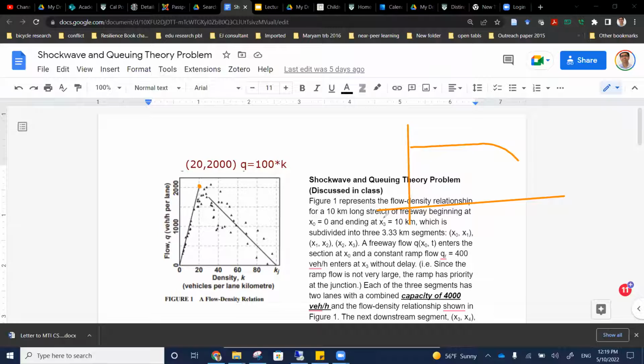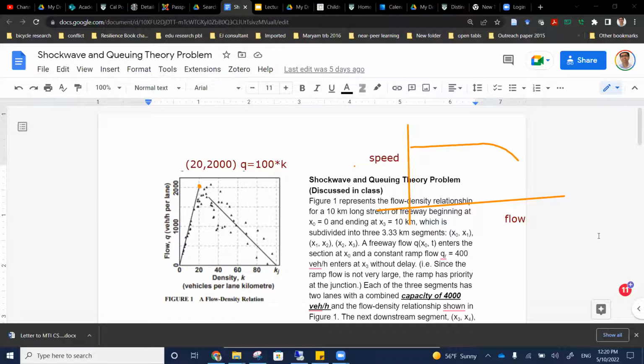On this curve you have the speed, and on this side you have the flow. So my speed is always equal to 100 kilometers per hour in this example.